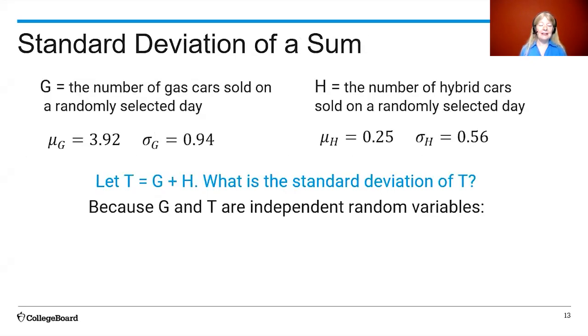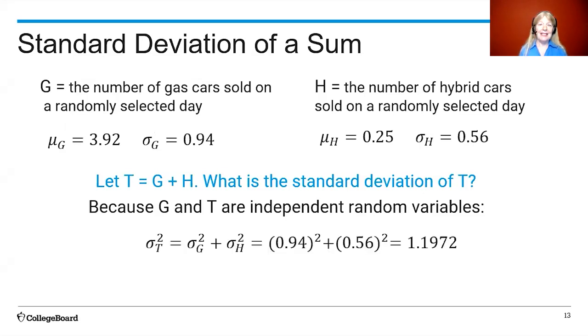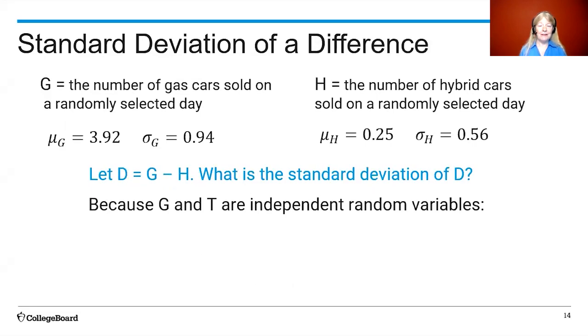So here, the standard deviation for the total number of cars sold, because our two random variables are independent, is we add the two variances and then take the square root to find the standard deviation. For a difference, same procedure.